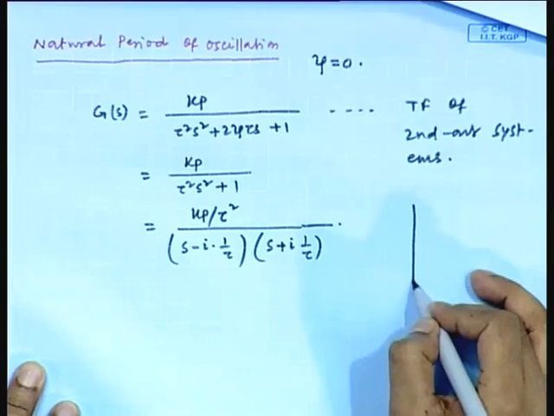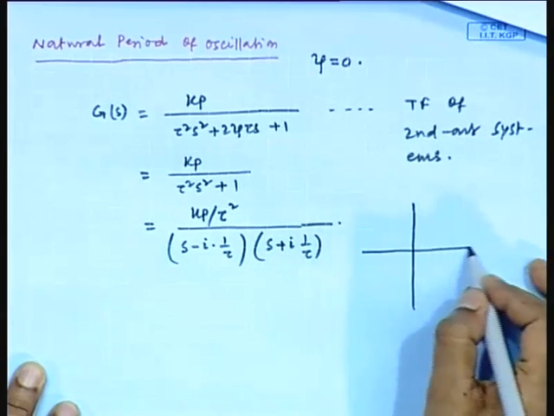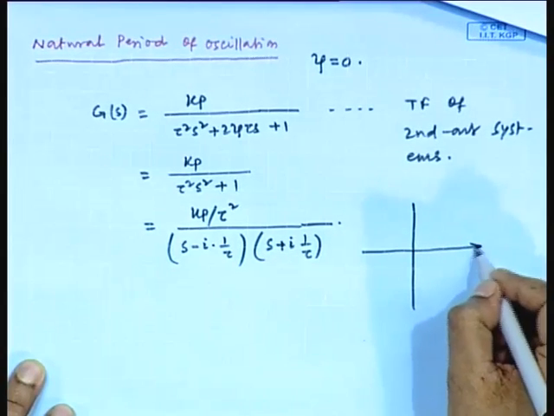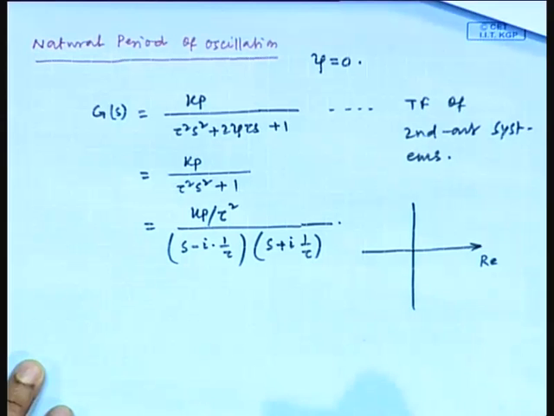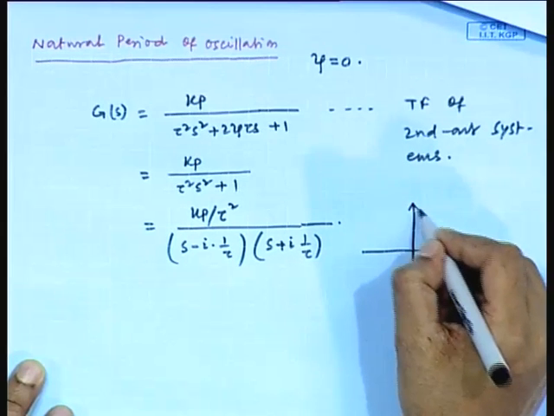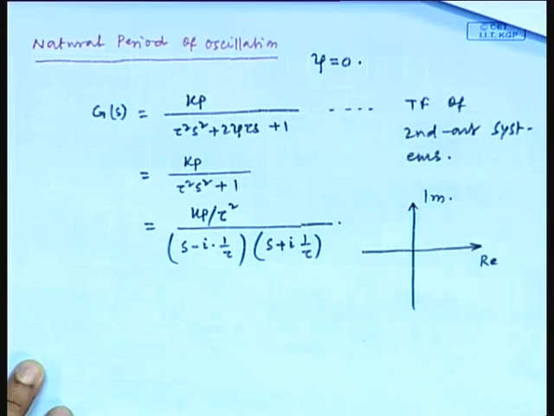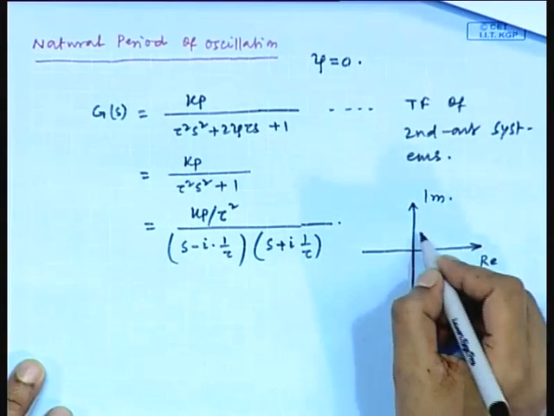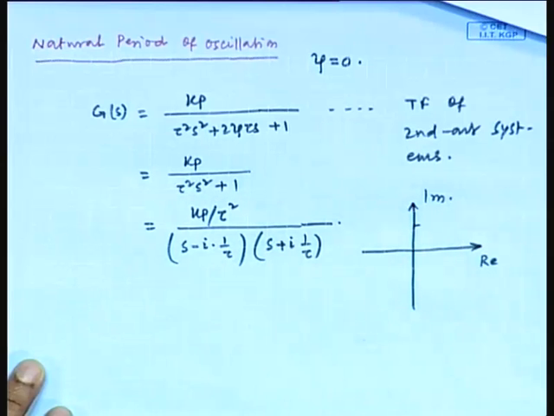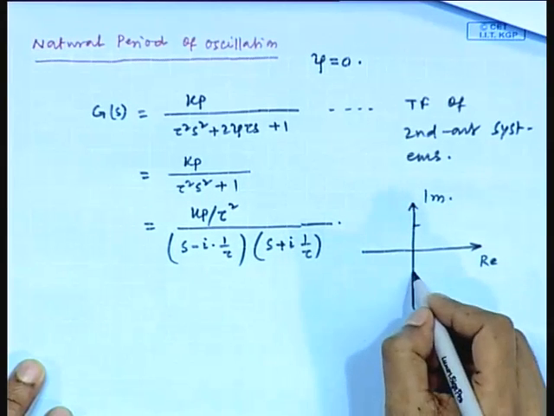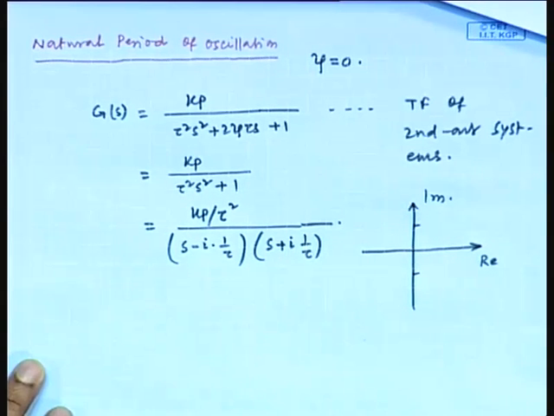Fine. Can you observe the position of the poles? This is the real axis, this is the imaginary axis, there is no real part. So, both the poles lie on the imaginary axis, one is here, another one is here.